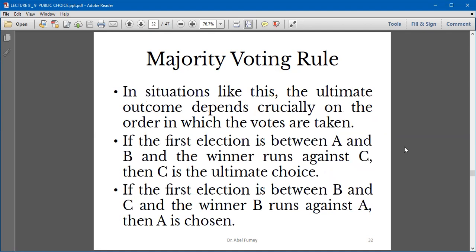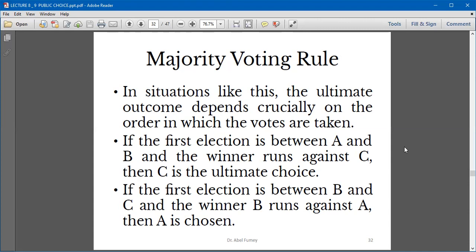Now, when we have the voting paradox, like what happened in table 2, we are unable to get the ultimate outcome. But before that, it normally depends on the order of the voting. How are the pairwise elections ordered?